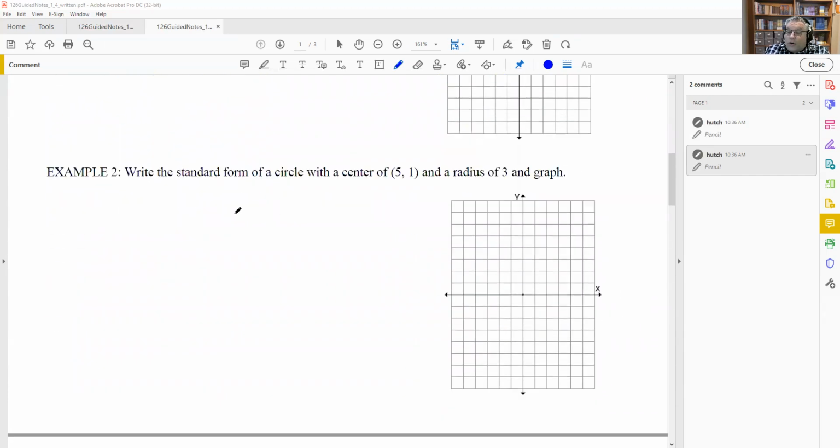Okay, write the standard form of the circle, center 5, 1, and radius of 3, and graph. Okay, so here is the H, here's the K, H, K, and R. But let's go ahead and graph this first. We'll go to the center. Center is 5, 1. 1, 2, 3, 4, 5, and 1.